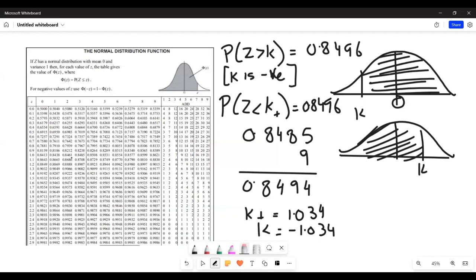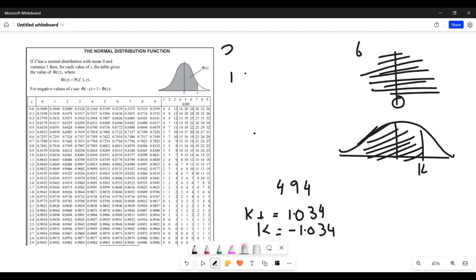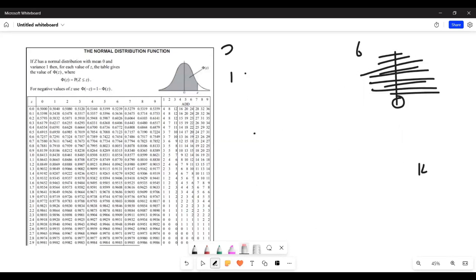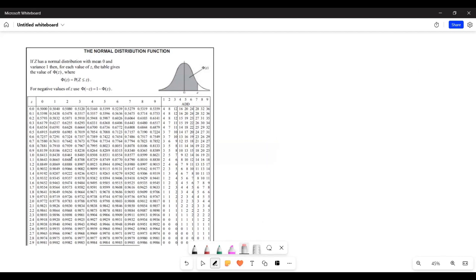Next is double inequality. Probability, there's minus x here, z here, and x here, and you're told that this is 0.9.